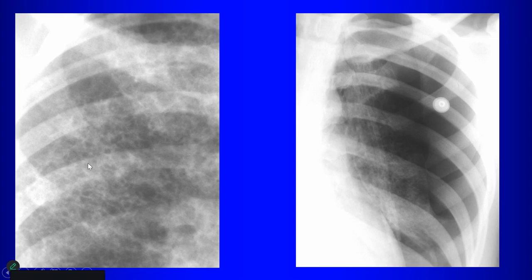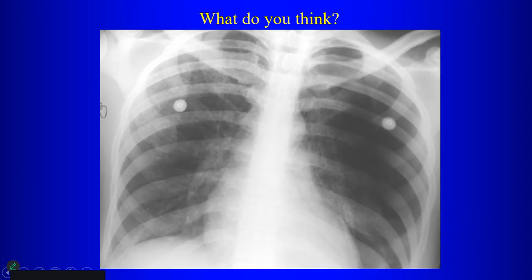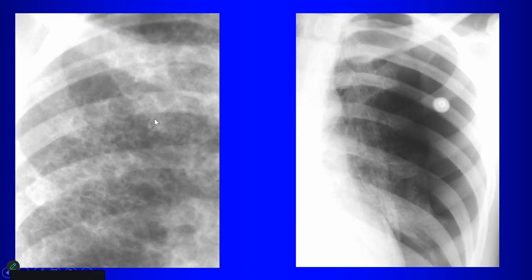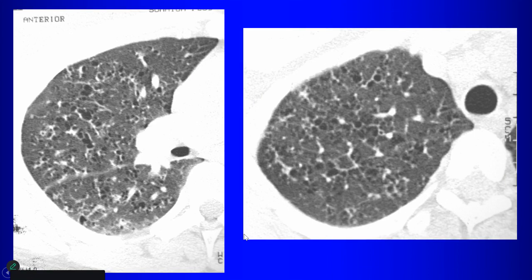And what do you think you're looking at here? What do you think is giving you this appearance? There's a patient with a pneumothorax who has interstitial disease that's upper lung predominant. And I'll tell you that on CT, those round opacities represent what? Cysts. Cysts, right.